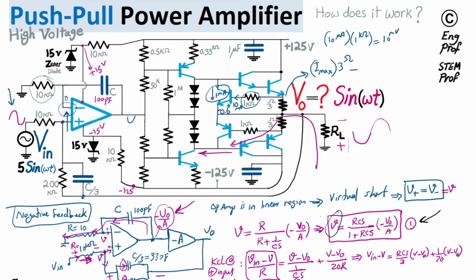Okay, so this should be equal to 0.6 volt, which is the voltage drop required across this combination, VBE and the series resistor. So from here we get that I max in this circuit is just 0.2 amp, which is 200 milliamp.